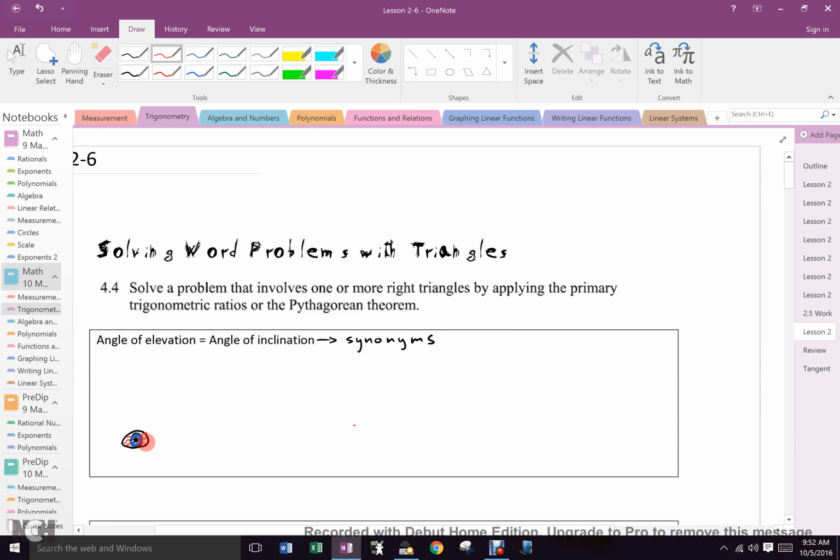The eye starts where? Straight forward, which we call the horizontal. Okay? If you raise your eye and look up, you then create, this is your line of sight.